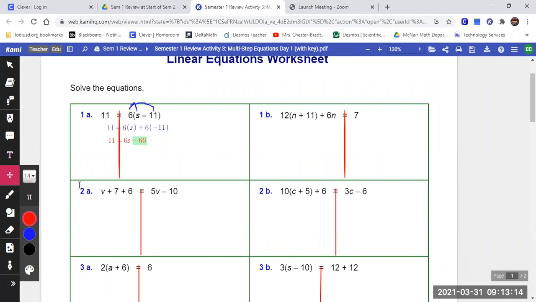I need the big 0. Addition and subtraction is the big 0. Multiplication and division are the big 1. Okay, so I need to zero out a negative 66. How am I going to zero out a negative 66? What am I going to do?